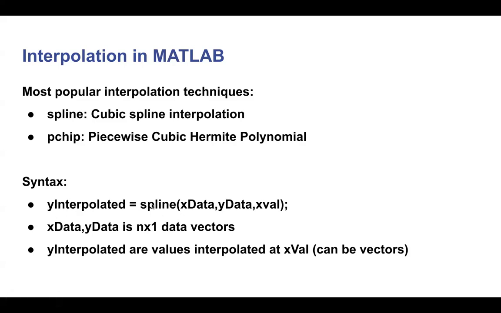Spline is the keyword. X data and Y data are given in the question, and X val is where I need to find the interpolated values. Y interpolated are the values interpolated at X val. If you want to use it for pchip, you can just replace the word spline with pchip. The syntax remains the same.